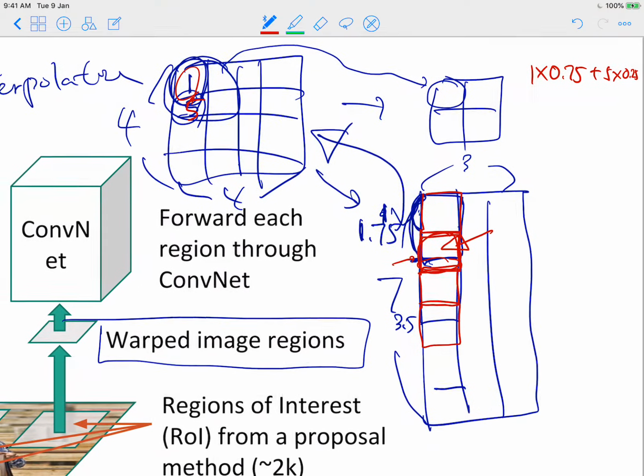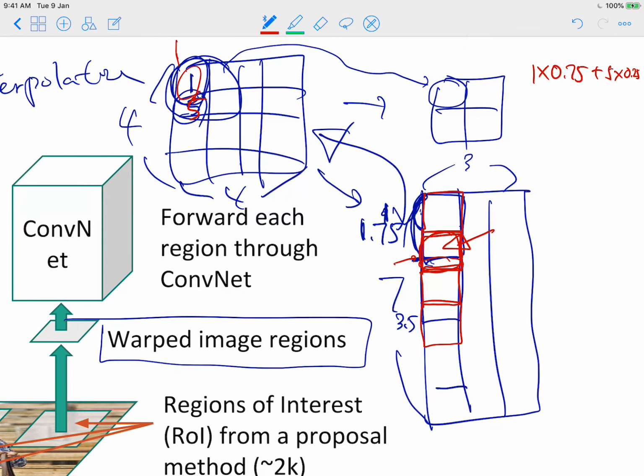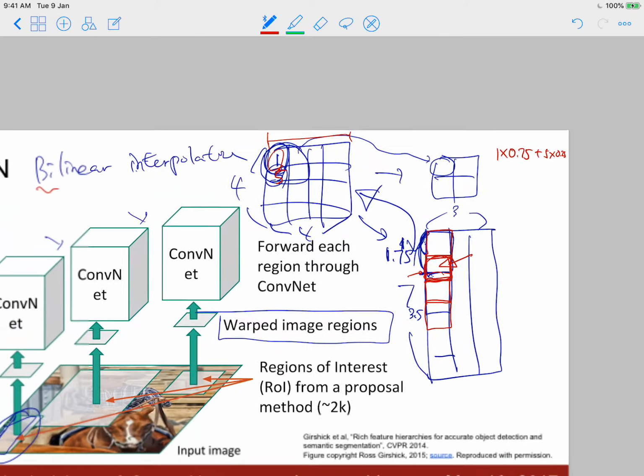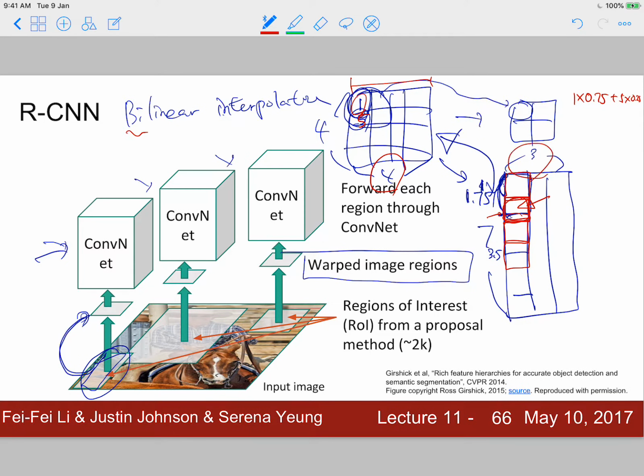In terms of this x-axis, it will be shrunken by the ratio of 75% because we have 4 and 3, right?